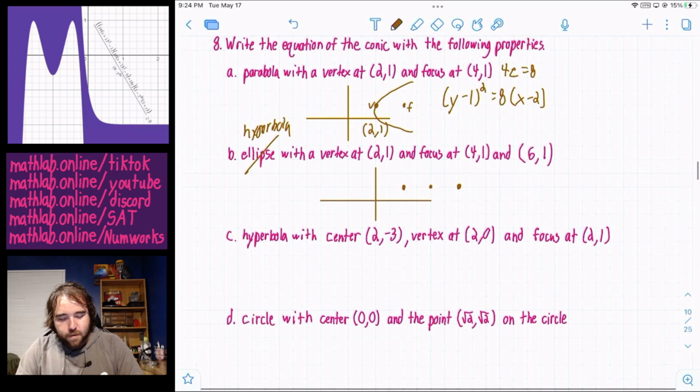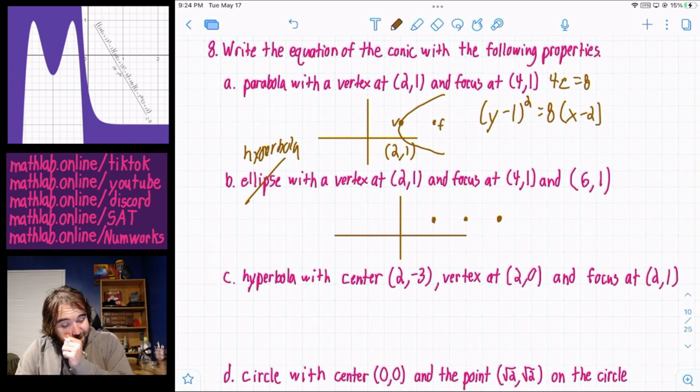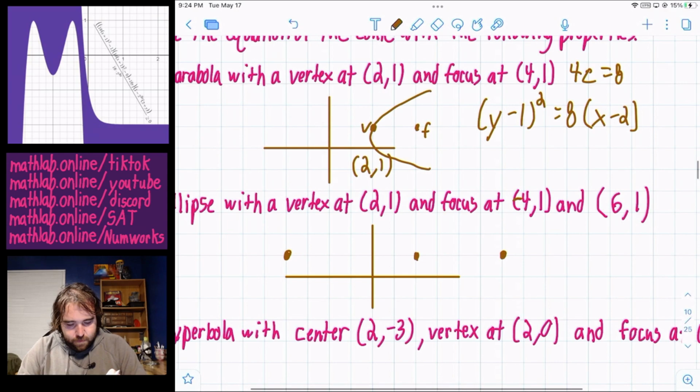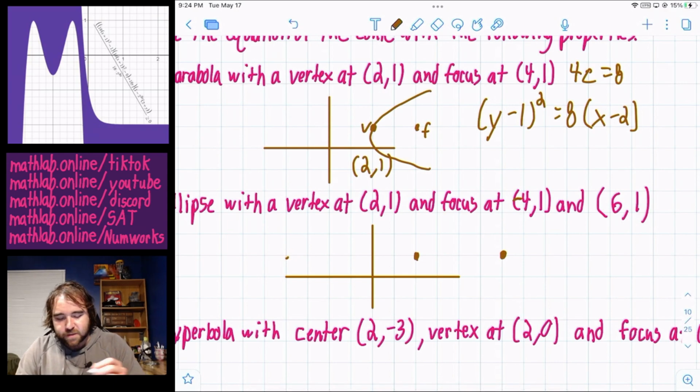No, it was meant to be an ellipse. So what, should we change this to a -4? So that was the one that was messed up. No, it wasn't. They got me messed up here.